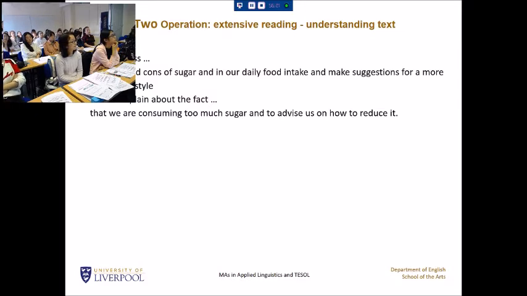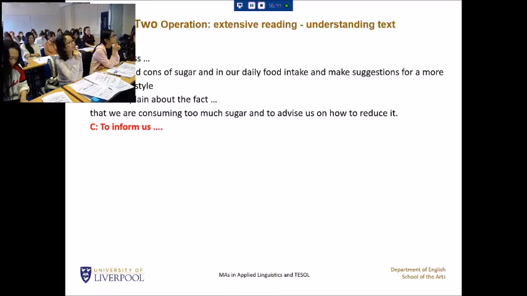Now the next one is the true statement. Let's see if we can build it up together. Yours might be better than mine, actually. We'll see. To inform us, the purpose of the text is to inform us what? What's the immediate grammar of this?